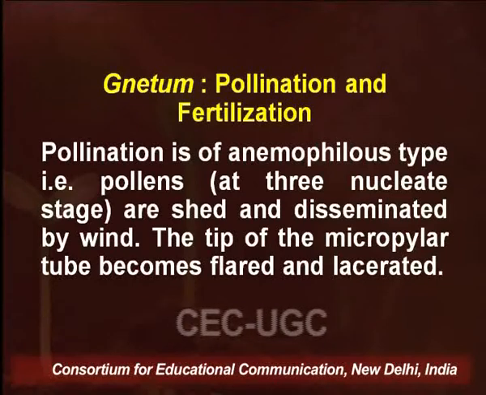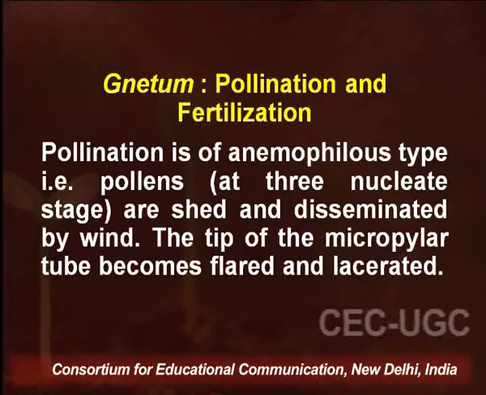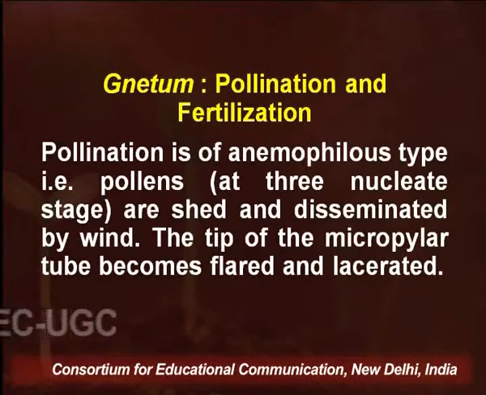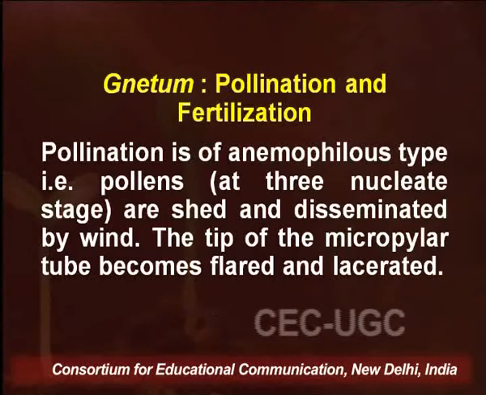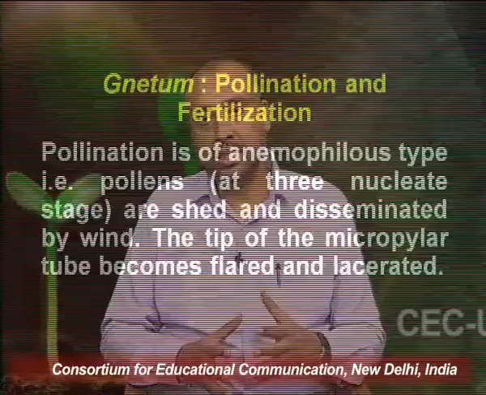That means the pollen is shed and disseminated by wind. This dissemination takes place at the 3 nucleate stage, that means when pollen grains have 3 nuclei, they are disseminated with the help of the wind.